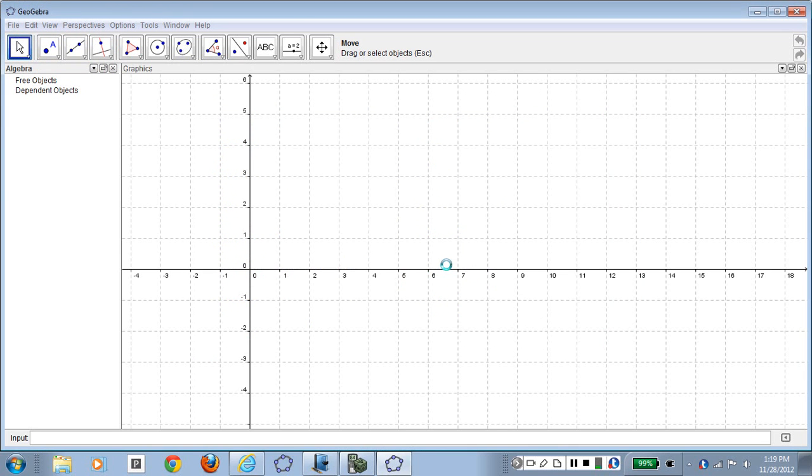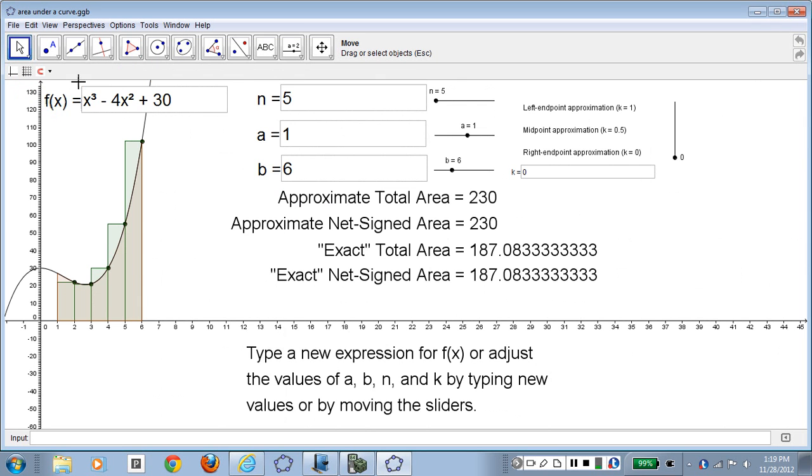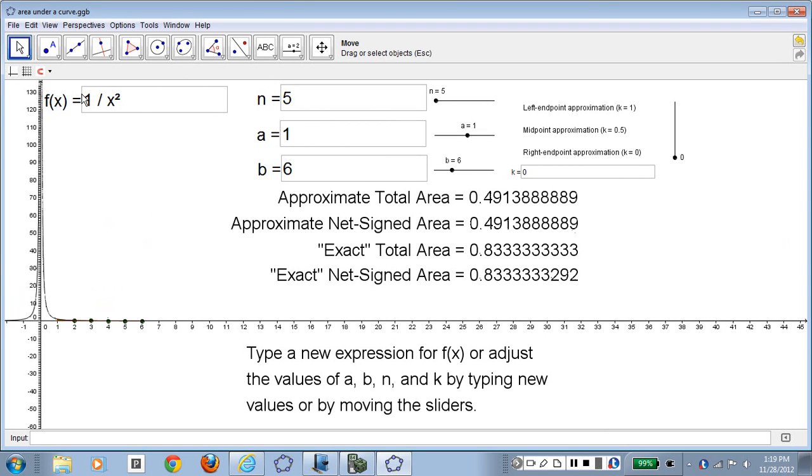If we let that curve be 1 over x squared, it looks kind of like that. And suppose I want to go from negative 2 to 1. Okay, exact total area, negative 1.5 is what it got.